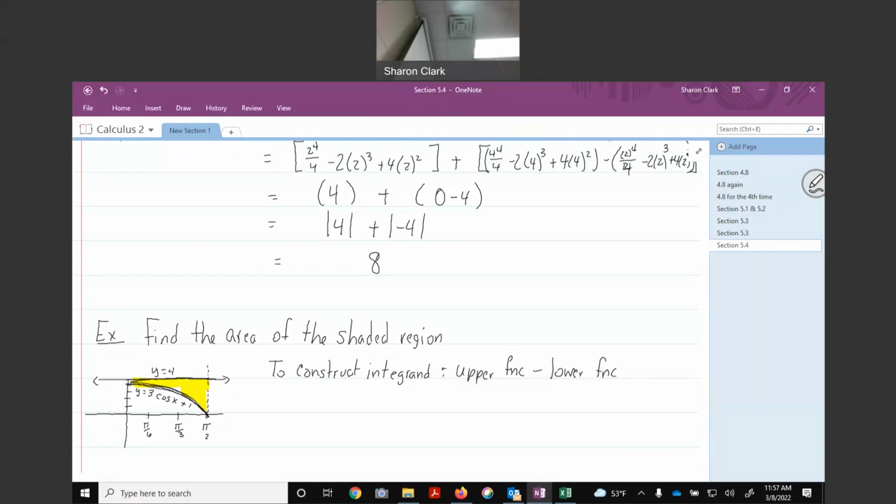No, they don't have to be separated equally. It's just where you hit the x-intercepts. Now, in this case, there's no x-intercepts. So we're going to go from 0 to pi over 2. But what we're going to have to do is take the upper equation, which is 4, and subtract out the lower equation, which is 3 cosine x plus 1, dx.